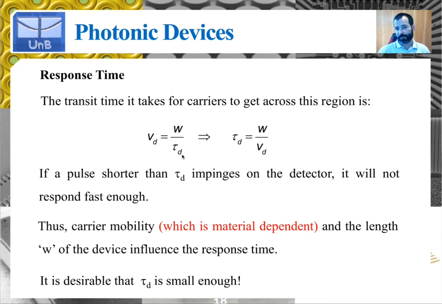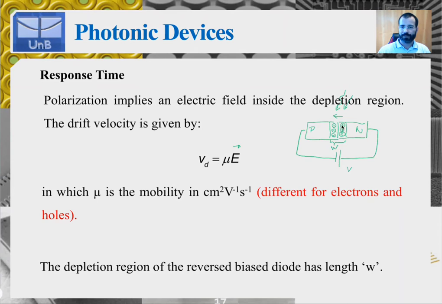And the transit time here is just the time that it takes for an electron or a hole to cross, from right to left in the case of a hole, and from left to right in the case of an electron. It is the time it takes for these carriers to get from one extreme of the depletion region to the other.